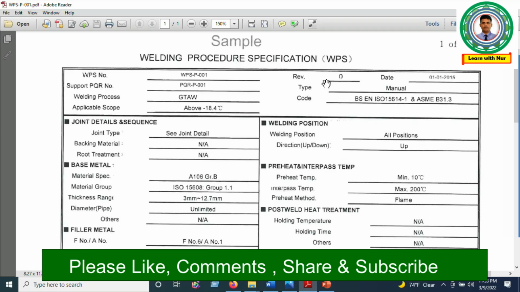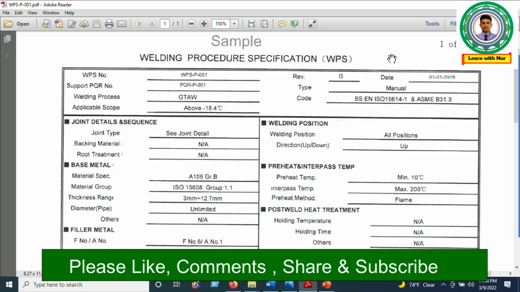Then this WPS revision is 0, so this revision can change. Then the date of the WPS. Then type of welding, this is manual welding. Then the code followed during WPS preparation: this follows BS EN ISO 15614-1 and ASME B31.3. I hope this part is clear.